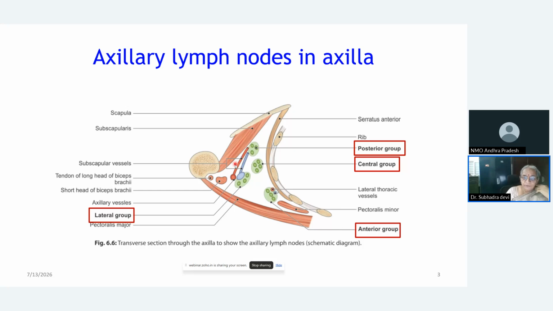In relation with muscles and vessels, you can call this the subscapular group, and this the lateral thoracic group because it is in relation with the lateral thoracic wall. Like that you will be classifying them.